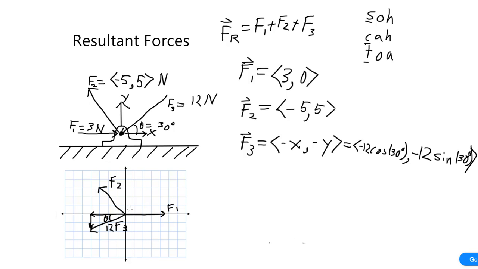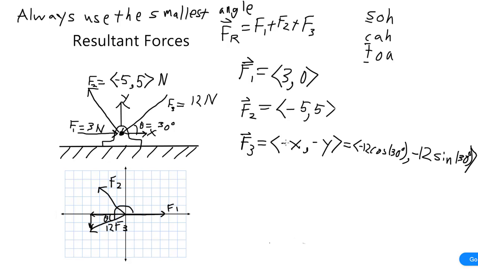Another thing I want to point out is that we're using the smallest angle possible, so always use the smallest angle. Technically, if you remember from the unit circle, if you have your angle going like this, cosine and sine are going to be negative down here.